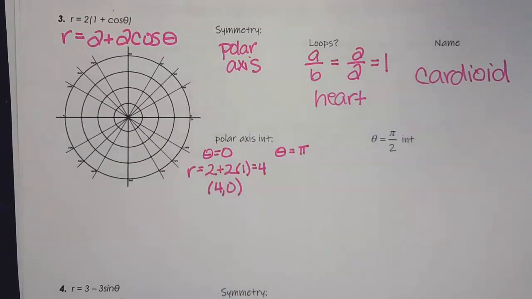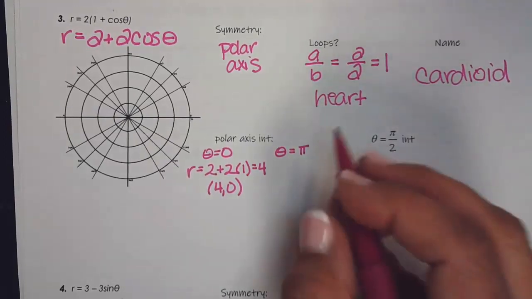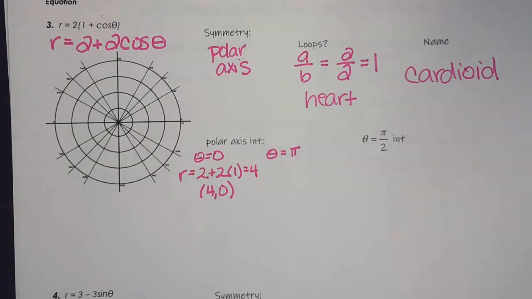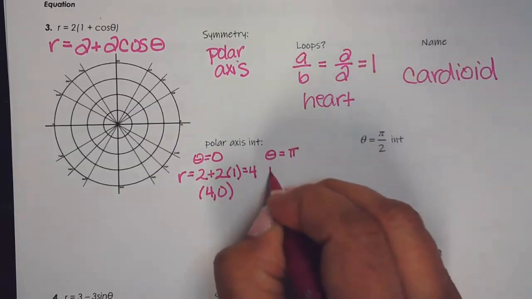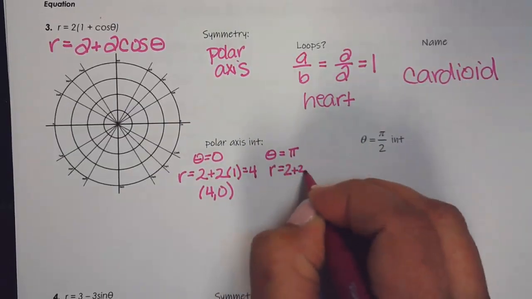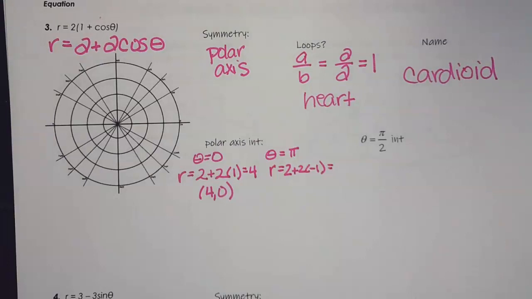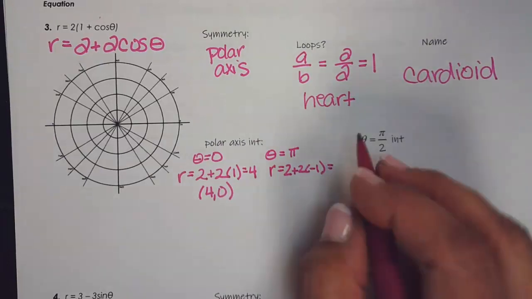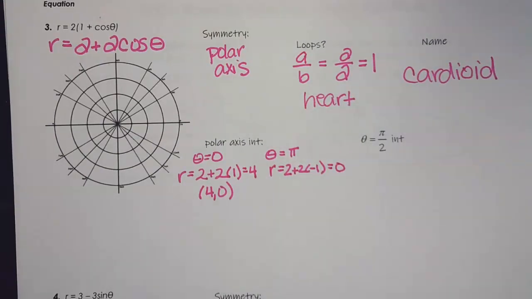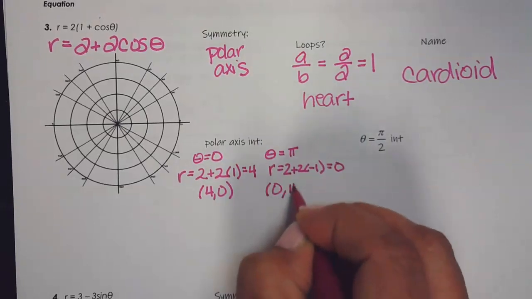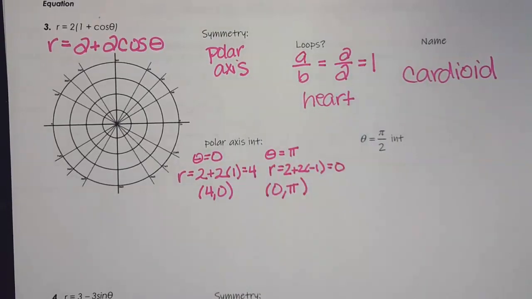And then we'll see what happens when theta equals pi. When we have theta equals pi, what is the cosine of pi? -1. So I have 2 plus 2 times -1. So what does that give me there? 0. So then I have 0, pi as another point.